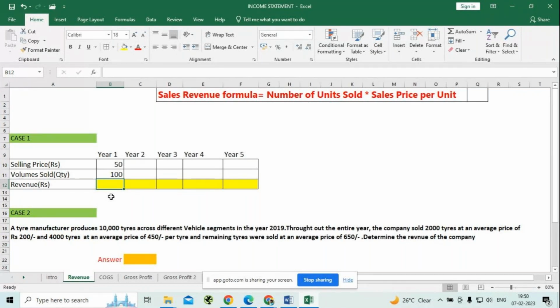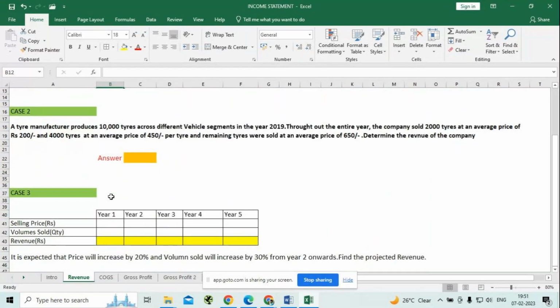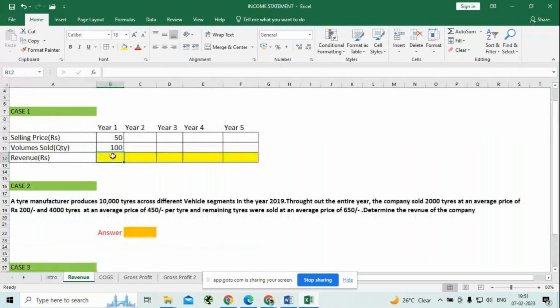You can see the formula on the top, apply that and let me know. Sir, it's 50 into 100, sir. So it is 50 into 100, right? Equals 50 into 100. So it is 5,000.